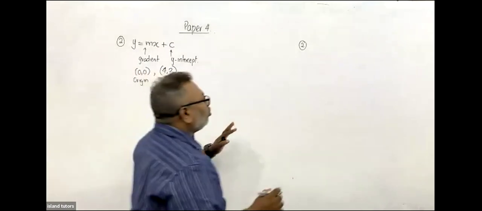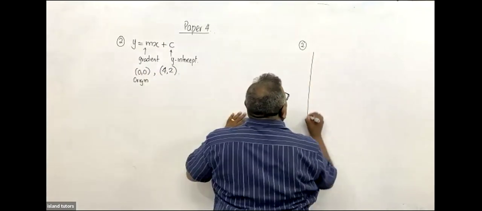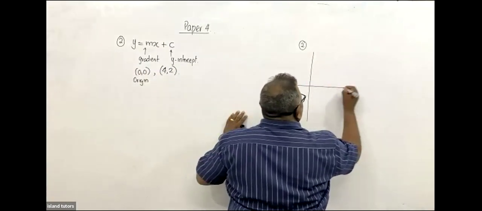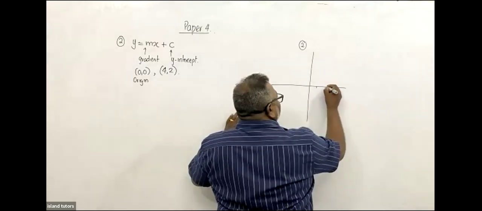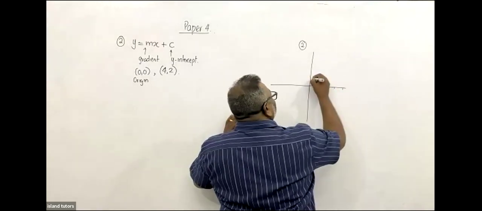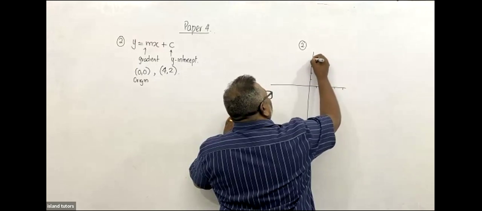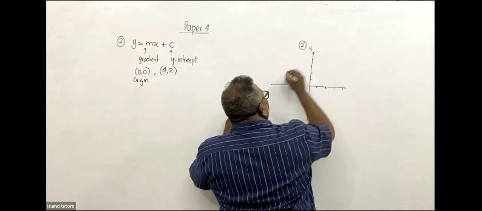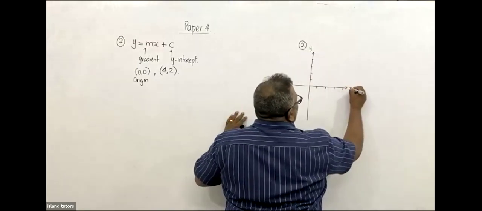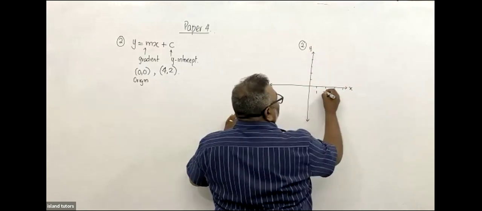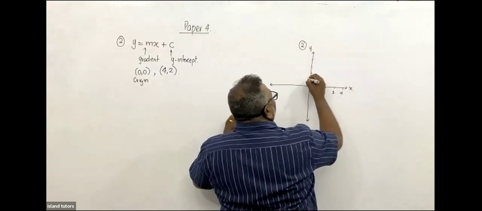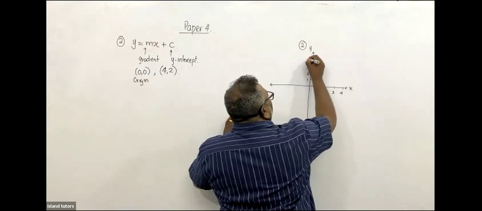Right? So basically I just draw you a rough sketch. So your graph is something like this. Let's say this and this. One, two, three, four. 1, 2, 3, 4.